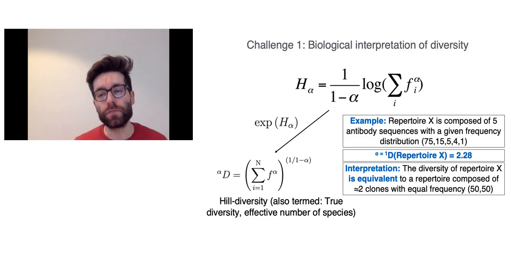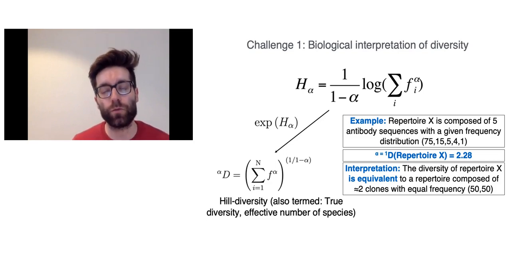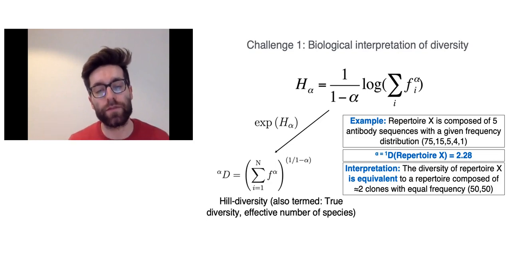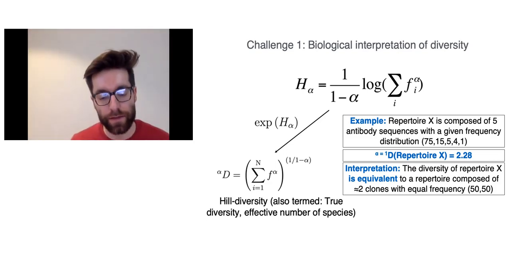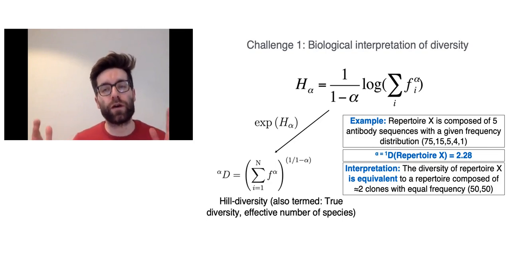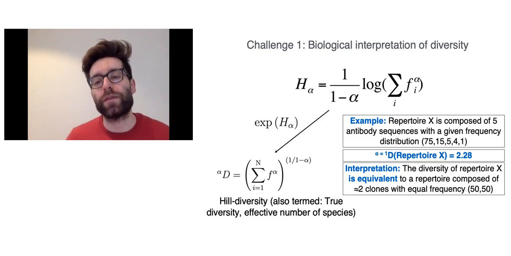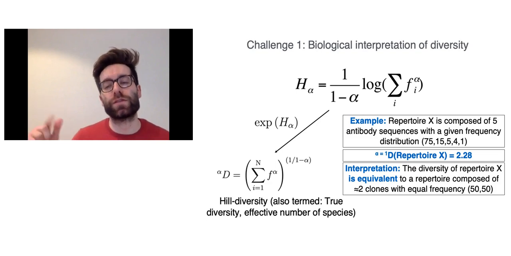So for example, if we had the repertoire X where one clone would be 99% and the others very little, then the diversity of this repertoire would probably be close to 1, because even if you have 1,000 clones, if one is super highly represented, the diversity is equivalent to just having one clone.